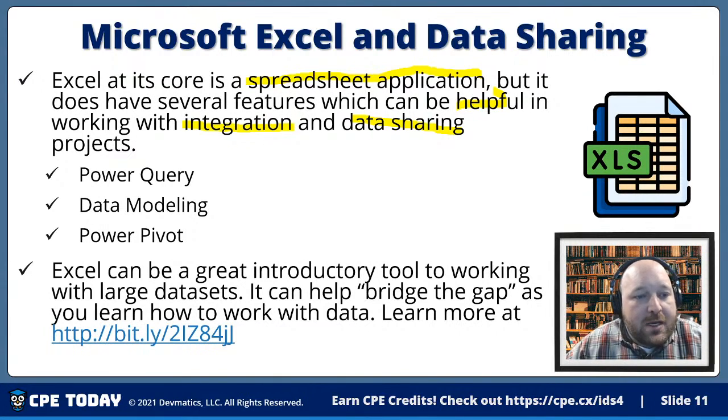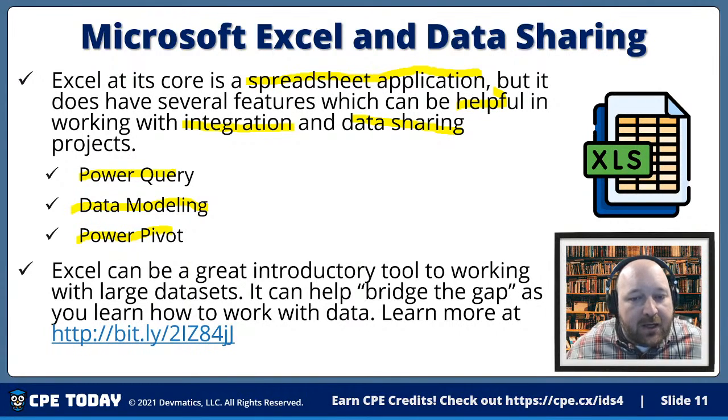Now, there are three main tools: Power Query, data modeling, and Power Pivot. Power Query and Power Pivot are direct functionalities of the application. We're going to do just a brief demo so you can see where these tools are. These are separate windows that load into the Excel workspace on top of Excel. So if you go looking for them, just realize it's going to be a separate window that pops up.